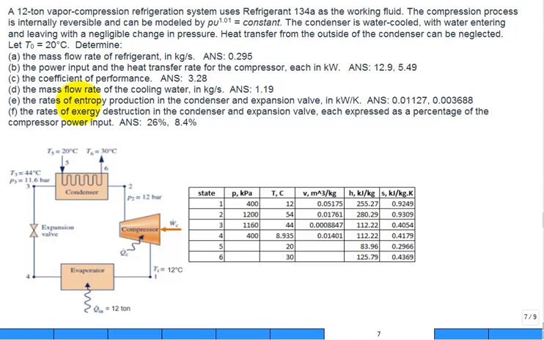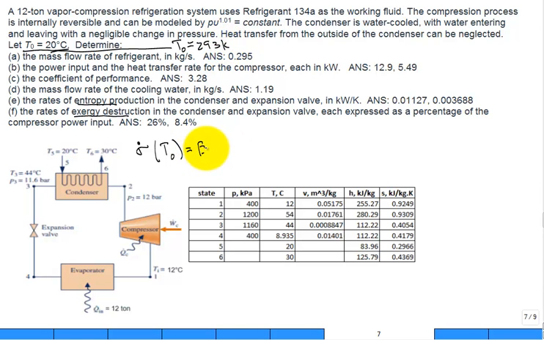Okay, once we calculated the rate of entropy production, we calculate the rate of exergy destruction. If the earlier part is sigma dot, and then you're asked to calculate the rate of exergy destruction, multiply by the dead state temperature, which is given right here to be 20 degrees C. So dead state is 293 Kelvin.